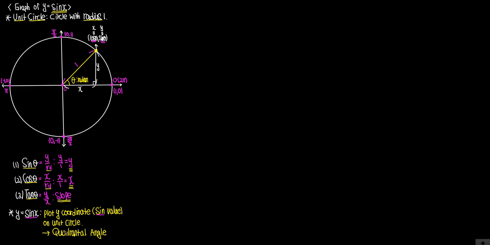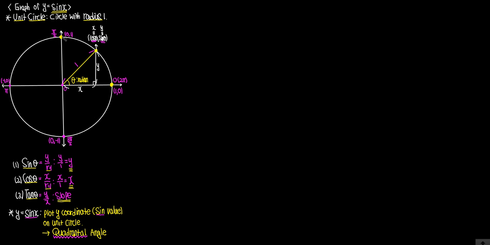And to do it, we need specific points, and we use the quadrantal angles. And the quadrantal angles are the points or the coordinates that intersect with the axes, just like we did review, which is this point here, where the angular rotation is 0 or 2 pi radians, where the point is (1, 0).